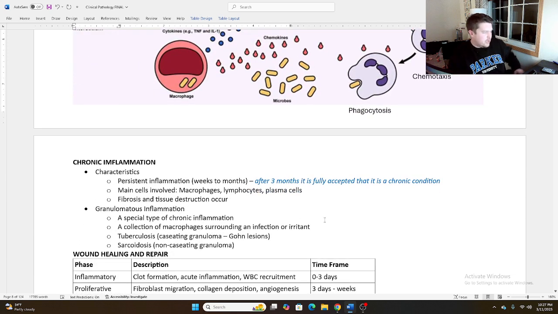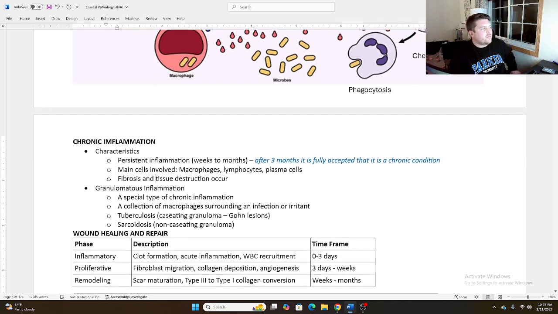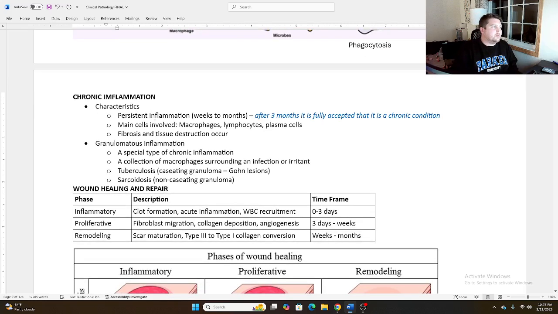For chronic conditions, chronic inflammation is persistent inflammation. It depends on which textbook you read. The generally accepted term is that after 3 months, it is officially a chronic condition.